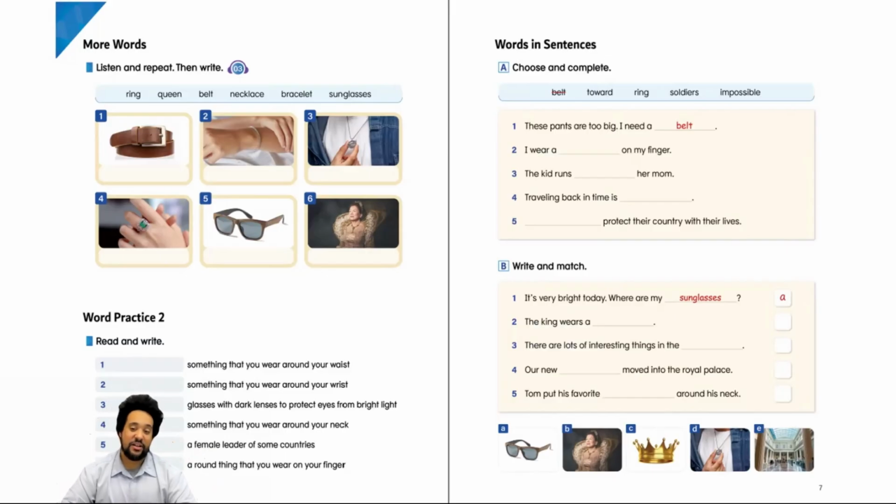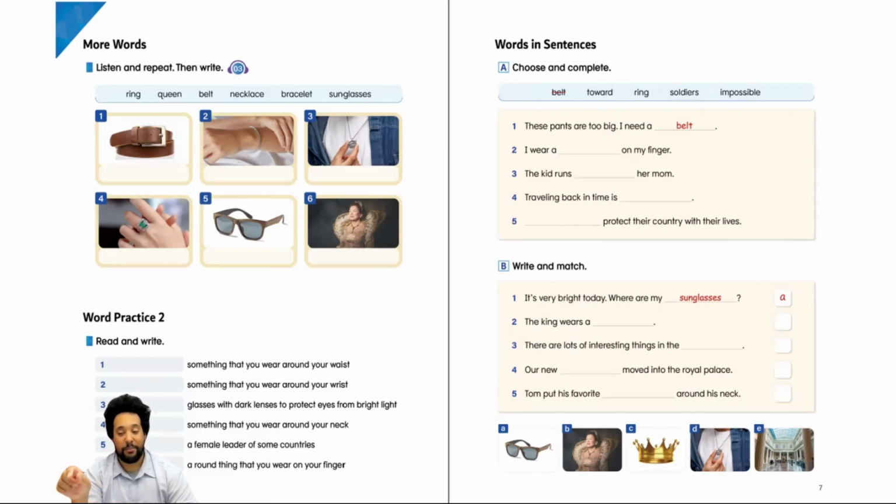In this section, you are going to read each sentence and choose the correct word to complete that sentence. So we can see that number 1 has been done for us. So let's read it together using our reading fingers. So let's read together. These pants are too big.